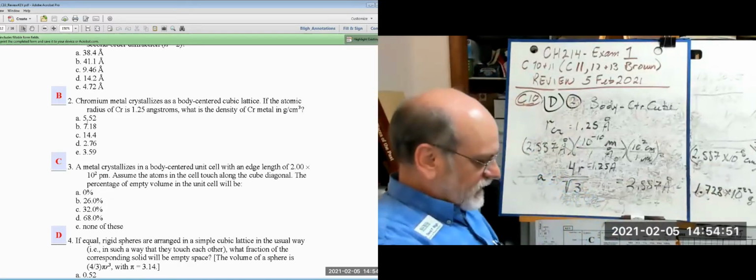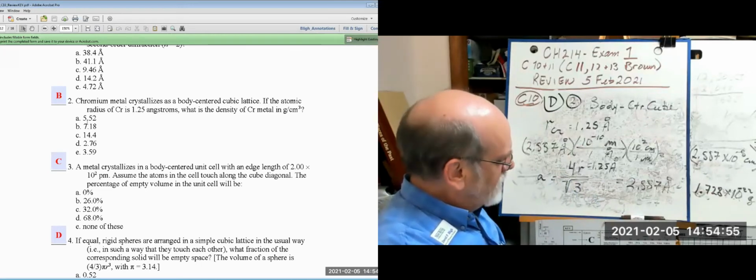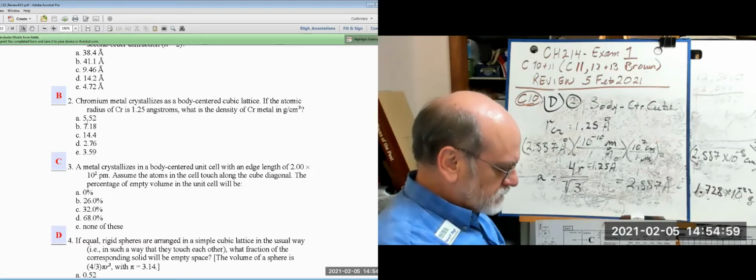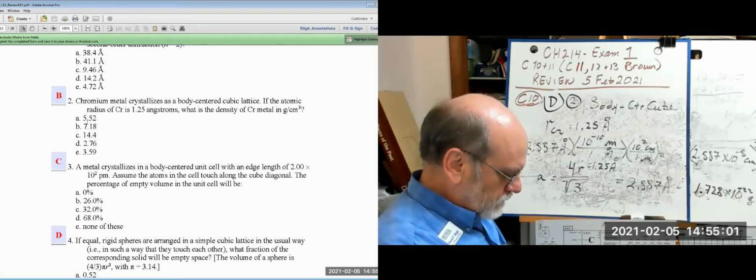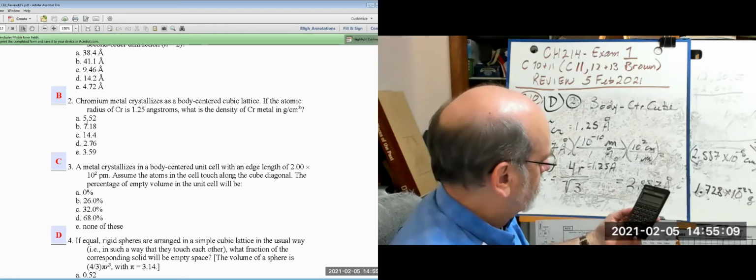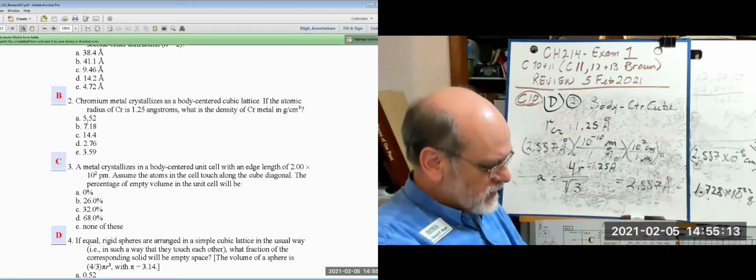So let's see, am I still in there? Yeah, still in there. So I need to change this one to 10 to the minus 8th. And then I need to cube it. So let's see.